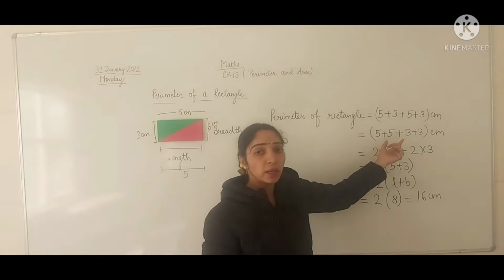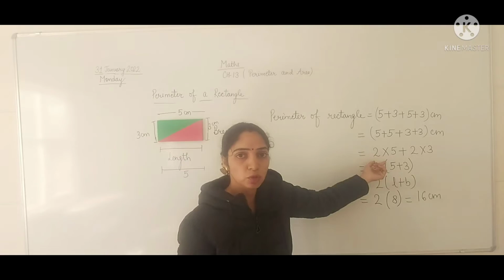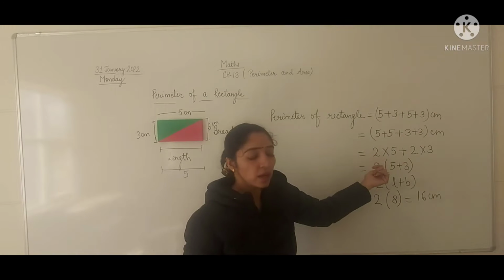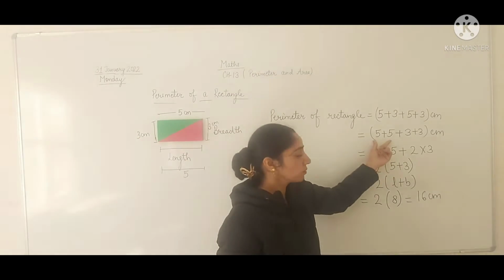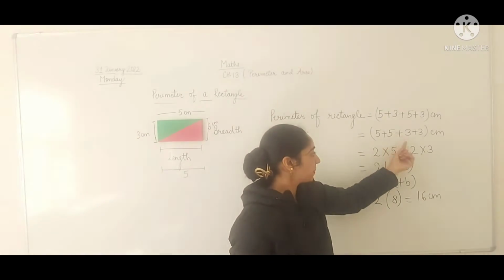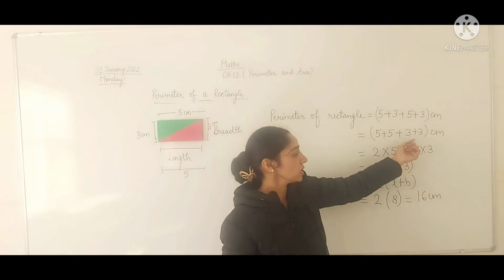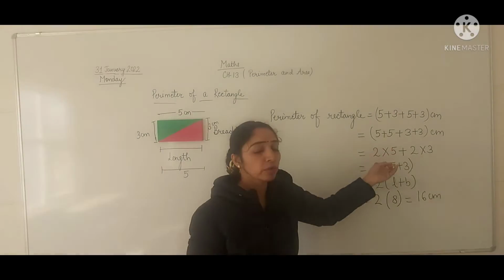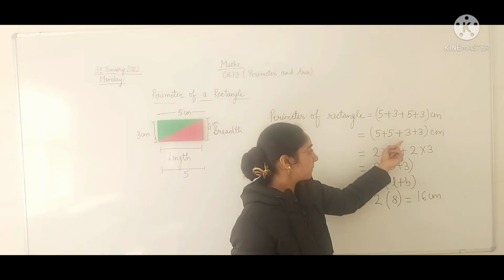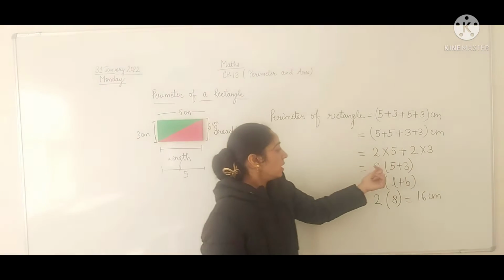Now there are 2 5s, so we can write it like this also, 2 multiply 5. So 2 times 5 plus 2 times 3, because we have 3 here 2 times and we have 5 here 2 times.